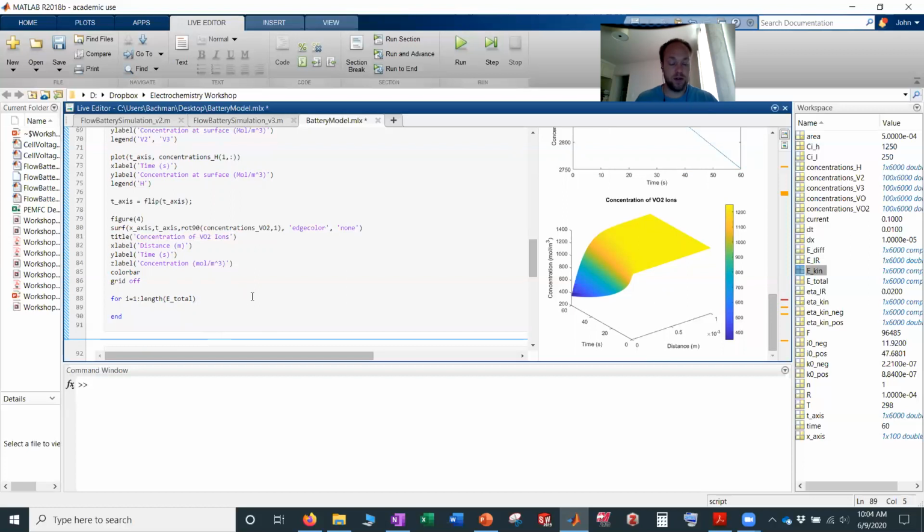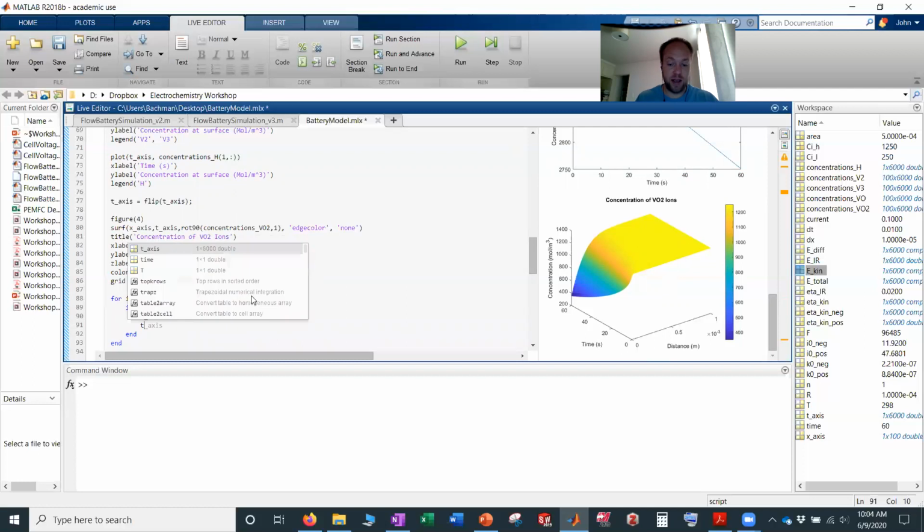So we're going to go through, and if E total is less than 0.6, then as soon as that happens, we'll say the index for battery death, death, is equal to I, right?